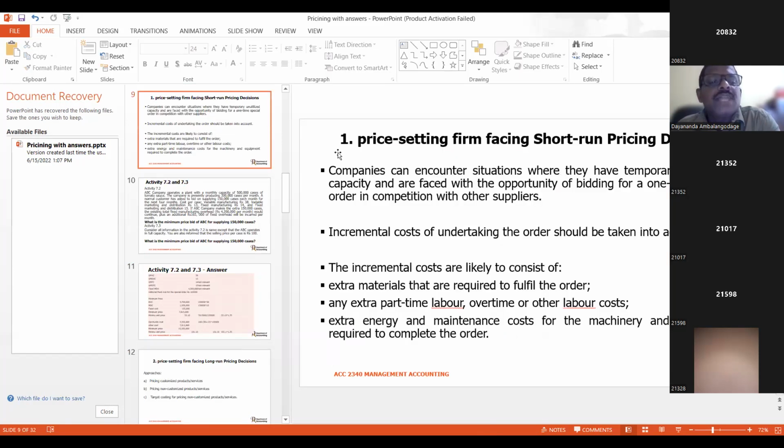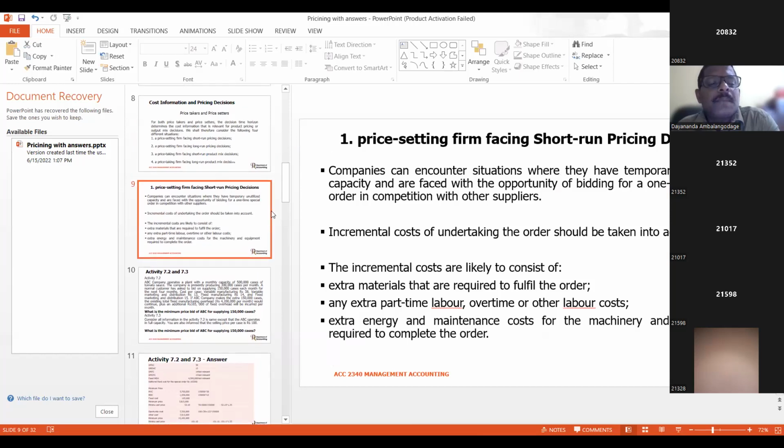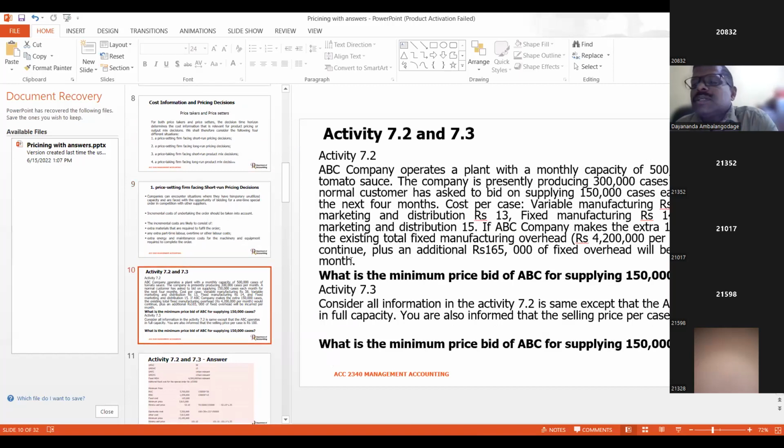Then we discussed the price setting firm facing a short-run decision. There, of course, we talked about relevant cost. Always we talk about relevant cost.